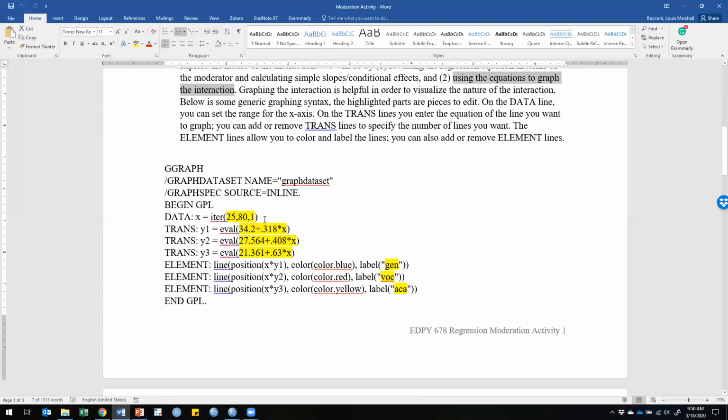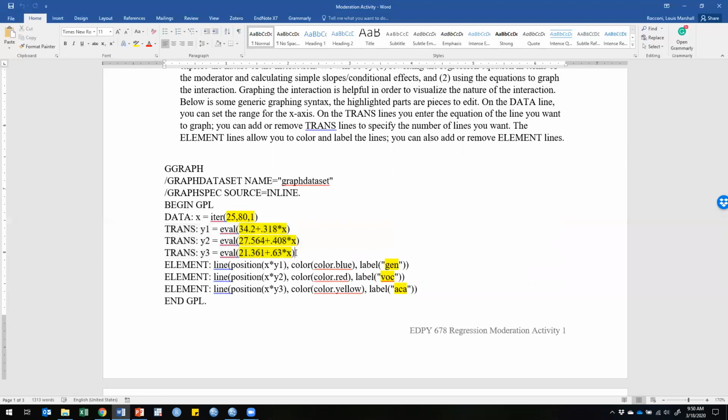This data part here is where you can set the range of the x-axis. The trans lines, you would add and delete as you need for the number of levels of your categorical variable.